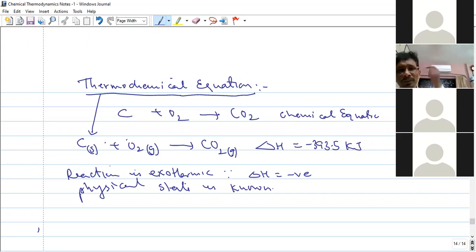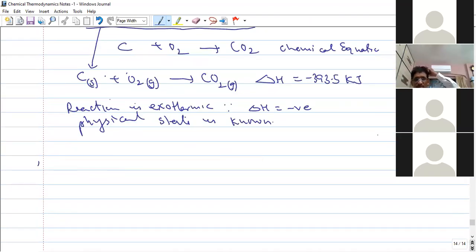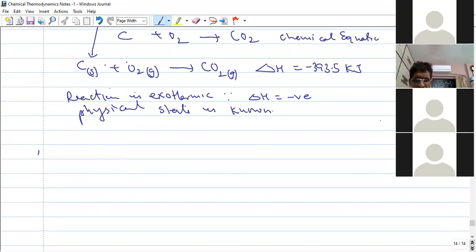Negative and negative becomes positive. So whenever you say heat evolved is so and so, don't write the sign. So how much heat is evolved? 393.5 kilojoules of heat is evolved.